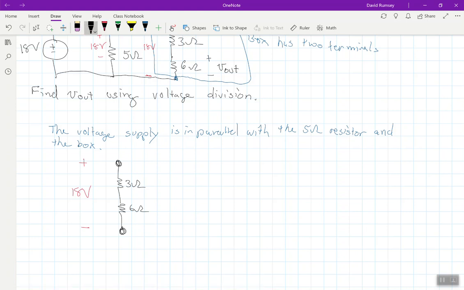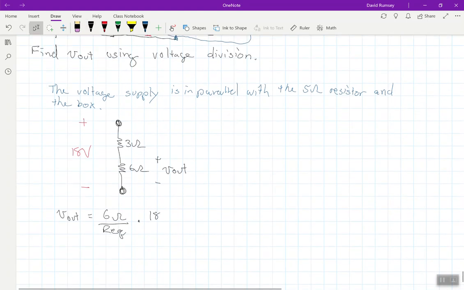Now these resistors are absolutely in series. So V out is going to simply be my 6 ohm over R equivalent, and it's just the R equivalent of these two resistors, because that's what is inside the box, times, well, what's the voltage supply? Well, we know the voltage drop across the box is 18.